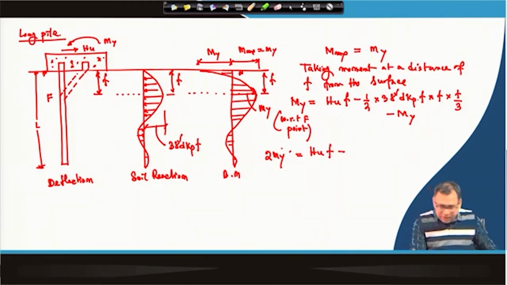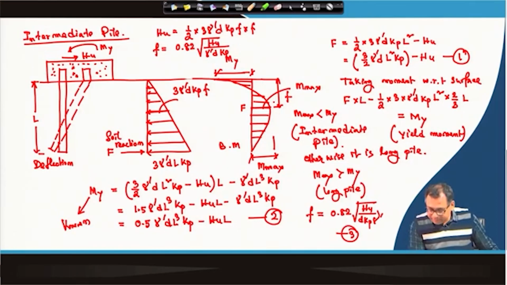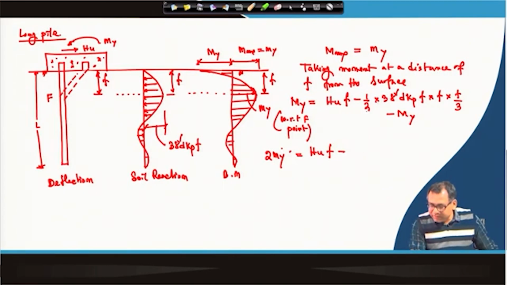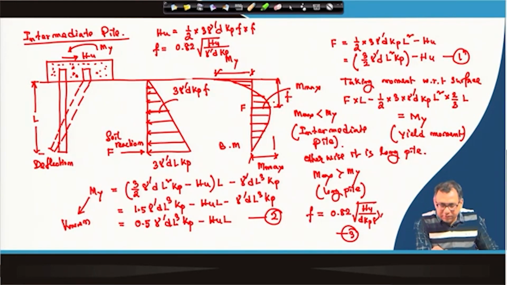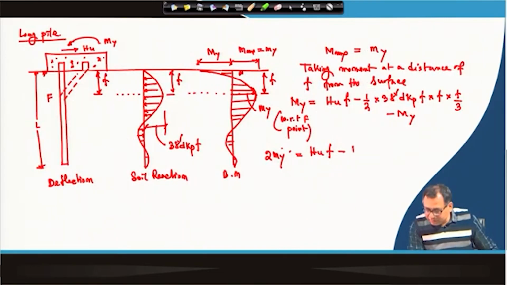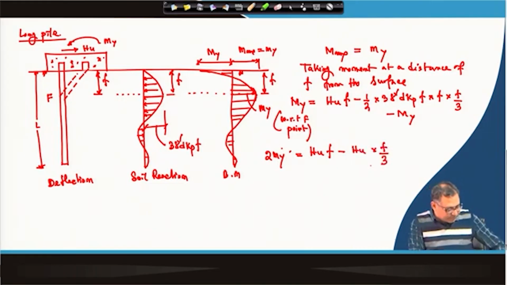So, that I have already discussed, that this is nothing but F h u, this portion is nothing but h u. So, this is also 3 by 2 gamma dash d Kp f square, this is equal to h u. So, this will be h u into F divided by 3. Okay.